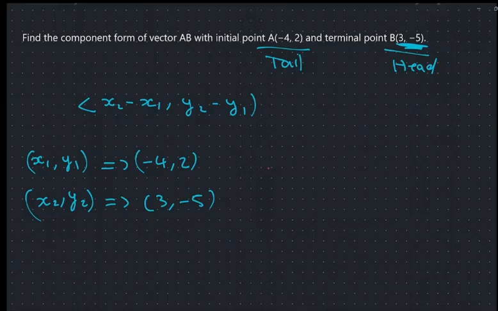We know x2 is 3 minus x1, which is -4. And then we will have y2. What is y2? -5 minus y1, which is 2. 3 minus -4 is 7, and -5 minus 2 is -7. And this is the component form.